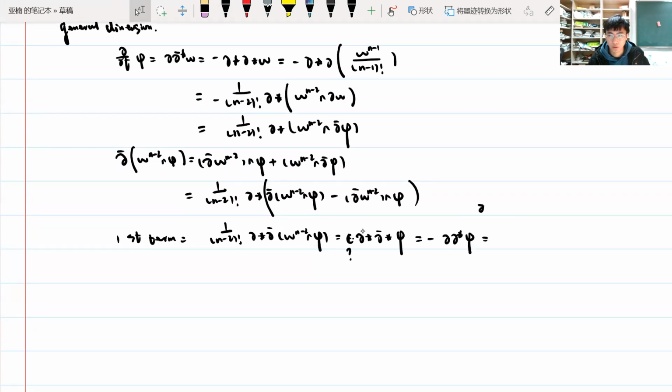Because the divergence is 0, this is the Laplacian, and we have the second term in high dimension. The second term is just this dot.